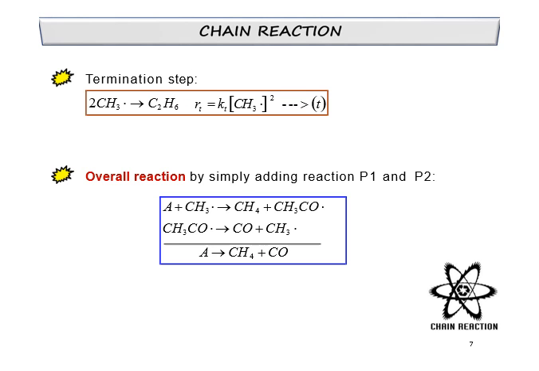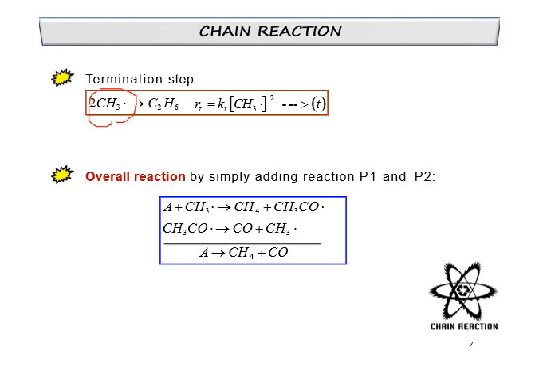And lastly, the termination step, in which radical CH3 tadi, dia akan bergabung dengan CH3 yang lain untuk membentuk ethane, C2H6. So this is the rate law for the termination step, and we assume that this is elementary, so that you akan dapat with respect to the rate order of 2.